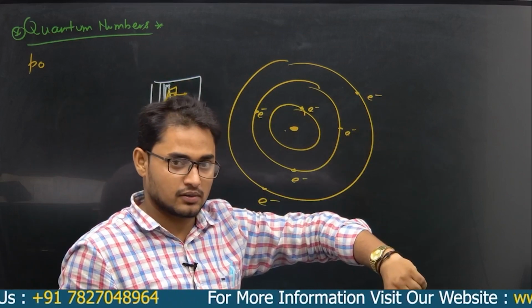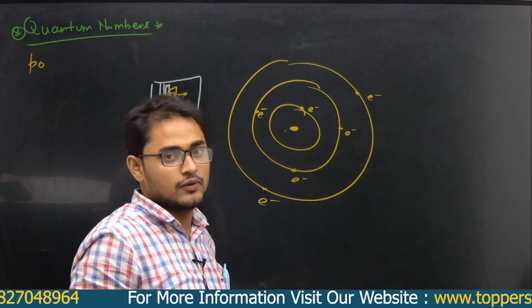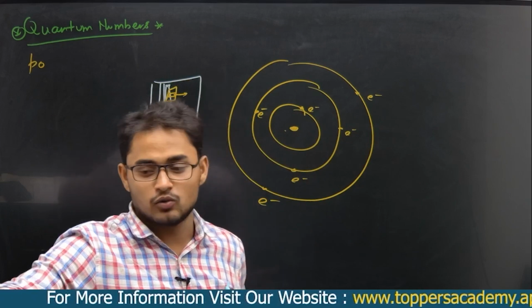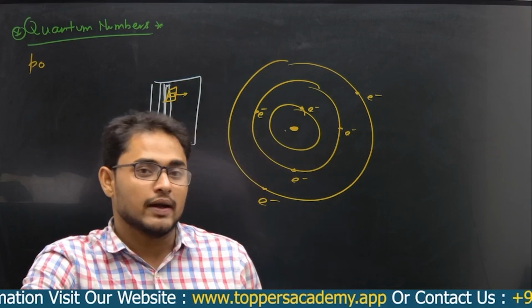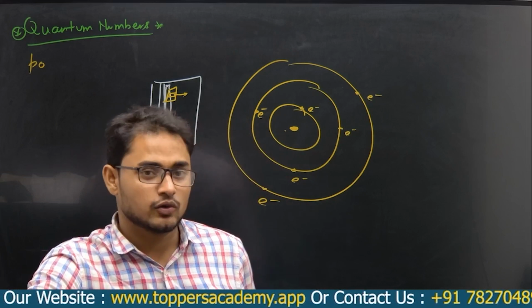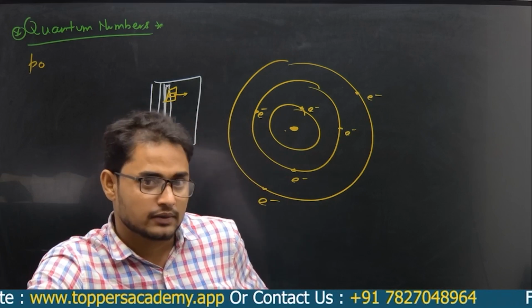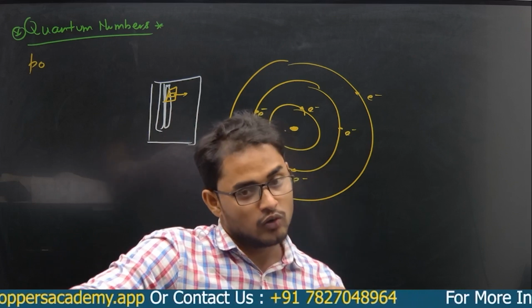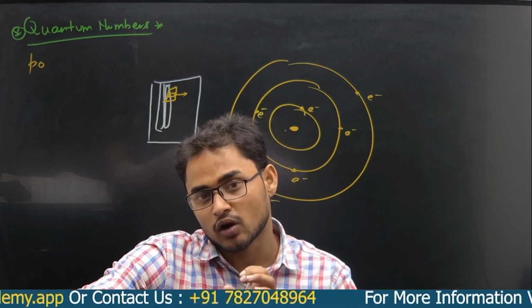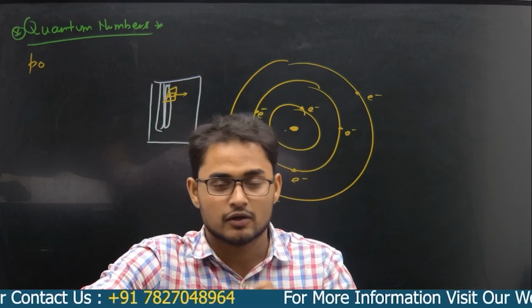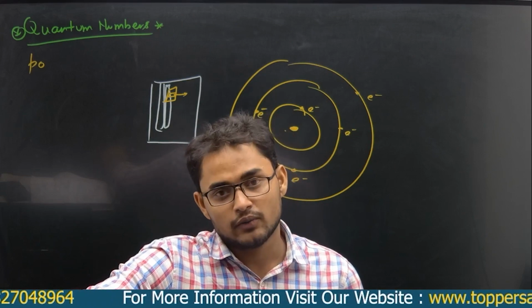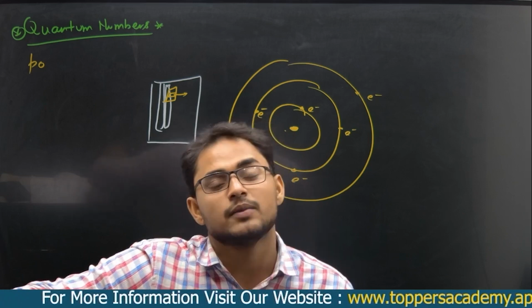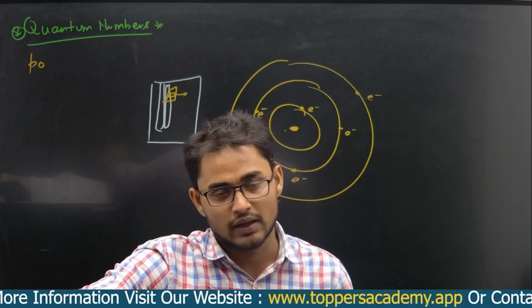Similarly, if your friend wants to go to your home, you will have to tell your address to your friend so that your friend will go to your home, right? So similarly, if I want to talk about a particular electron in an atom, first of all I will have to know what the quantum numbers of that electron in the atom are, right?